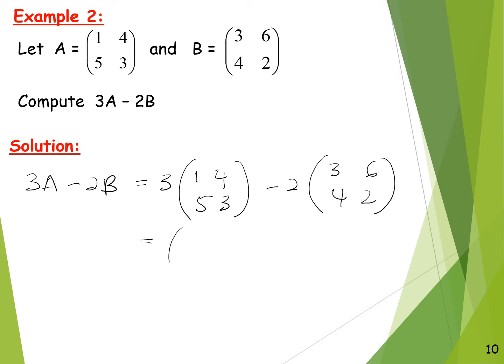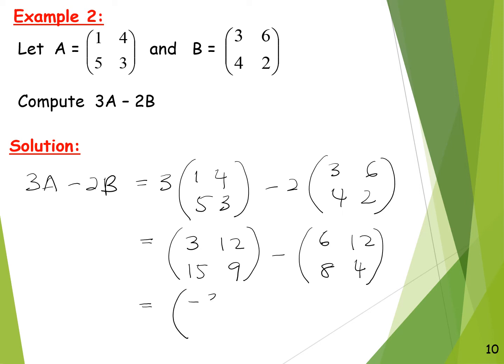So this is equal to 3, 12, 15, 9 minus 6, 12, 8, and 4. And then we can subtract the corresponding elements. So we will get negative 3, 0, 7, and 5. So this is the answer.